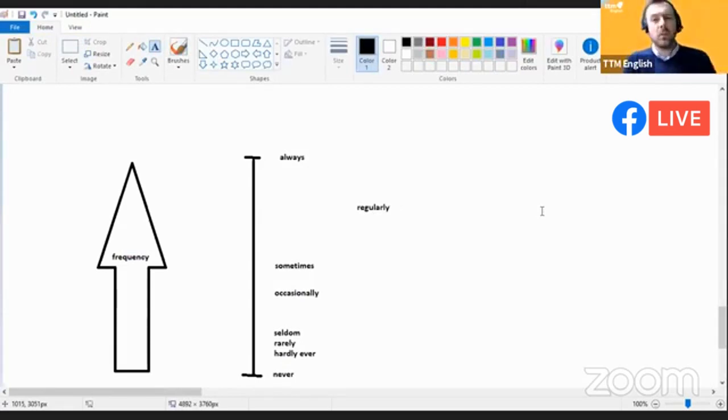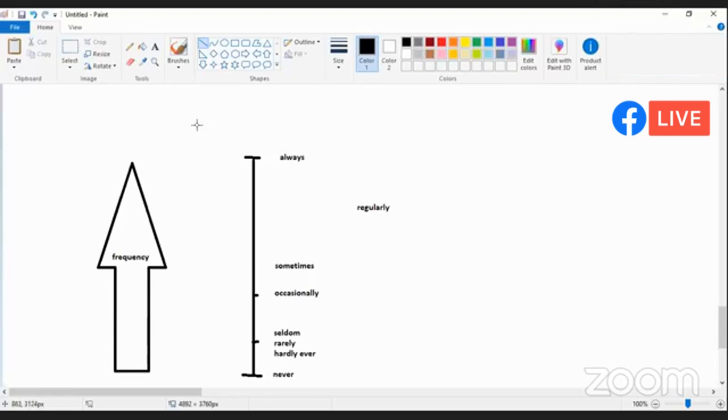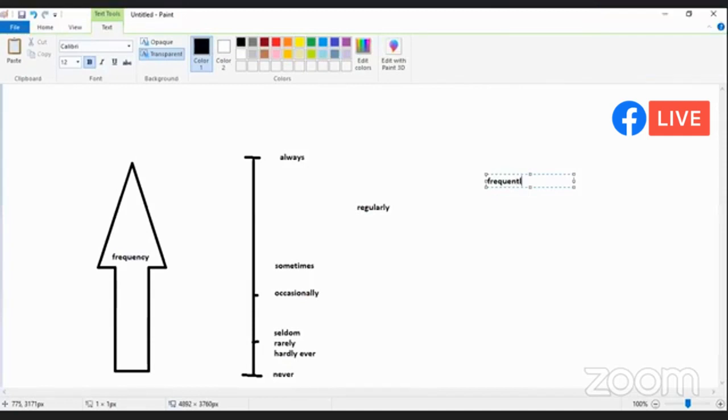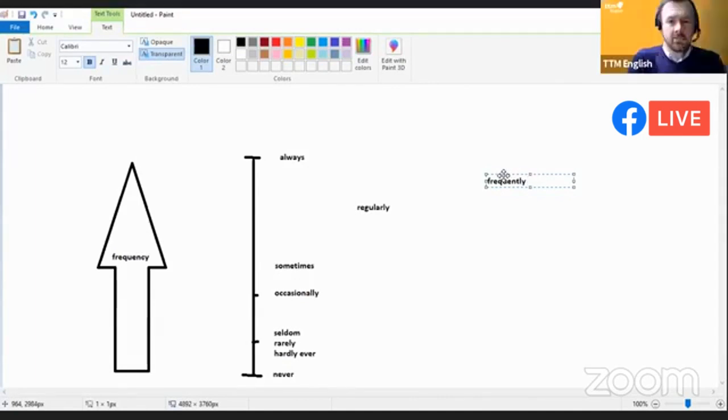Okay, let's think of some other words. Some more positive words that we can think of. Which adverbs are more frequent than these ones? Frequently. Okay, so where would you put frequently? Between sometimes and occasionally?